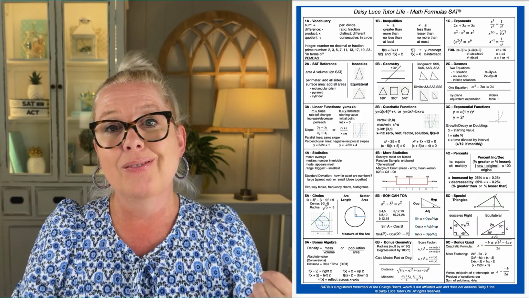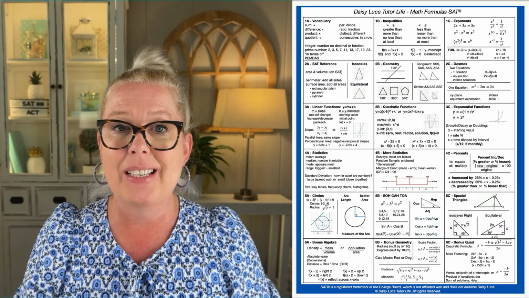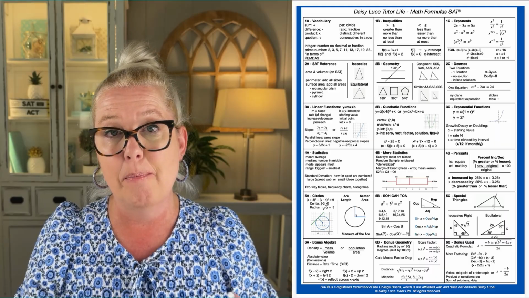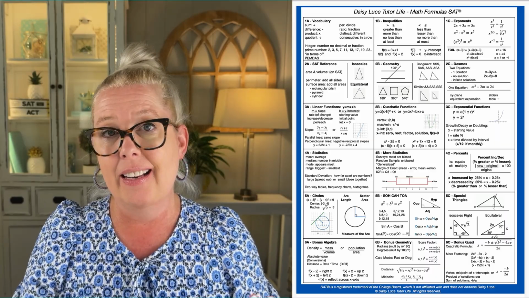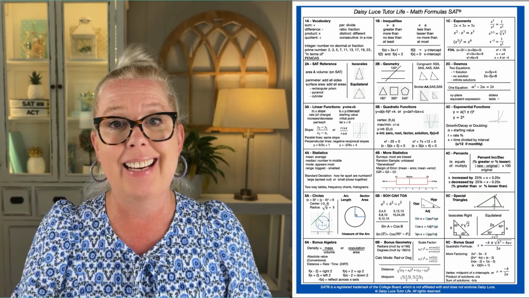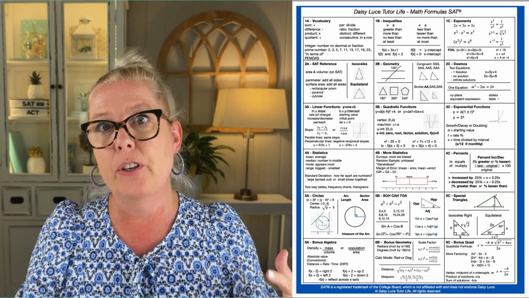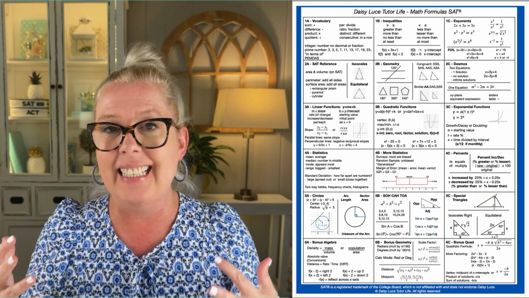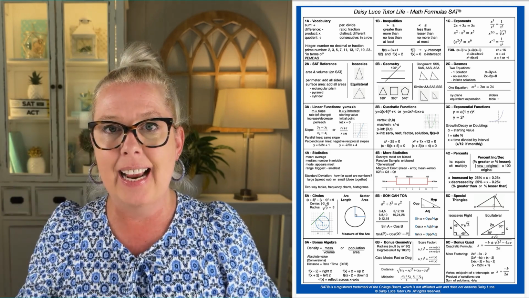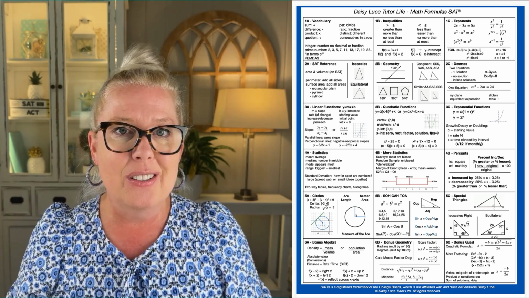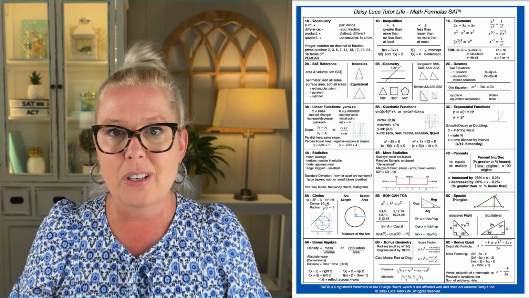Then the fourth row is statistics and percents, but honestly, I just call it the middle school row. And I laugh about that with my students because it's pretty crazy that the SAT can be so notorious for such a difficult type of test, yet they're testing a lot of middle school concepts.